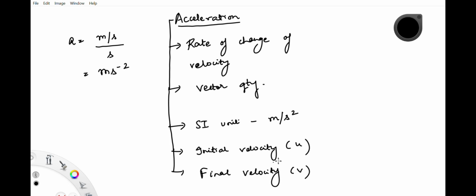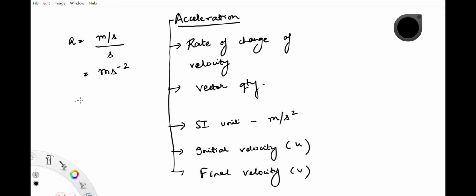Now this initial velocity will obviously be zero when the object is in a state of rest, it is not moving, right? So this is the velocity at the very start of the journey of an object, and final velocity, as we all know, is the velocity after this initial velocity, or the velocity that this moving object has acquired after acquiring some initial velocity.